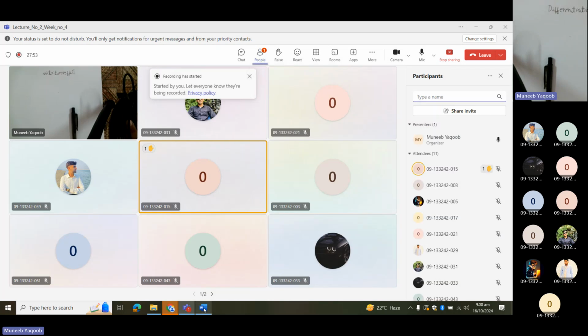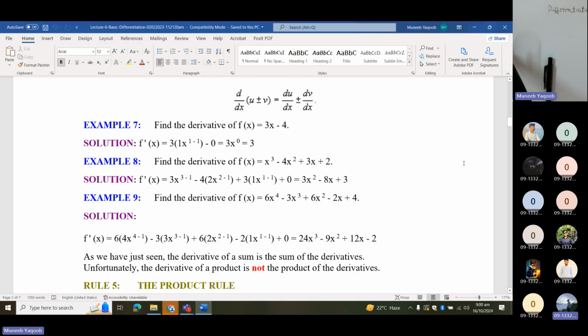Okay. So again, coming to example number 9. There are five terms that we are to differentiate. So first of all, for 6 into x power 4, we will take 6 common, and the derivative of x power 4 will be 4 times x power 4 minus 1.